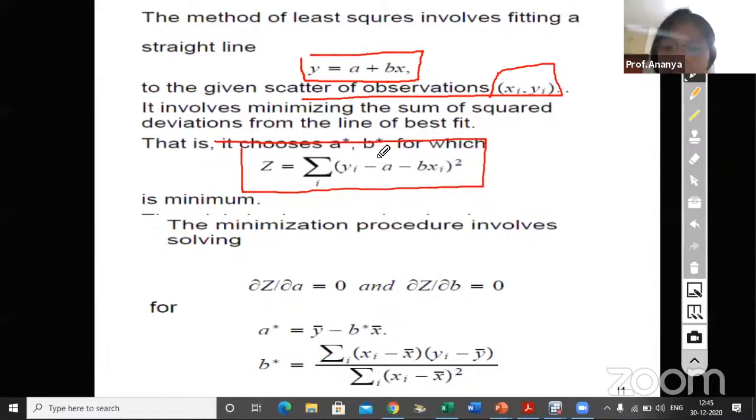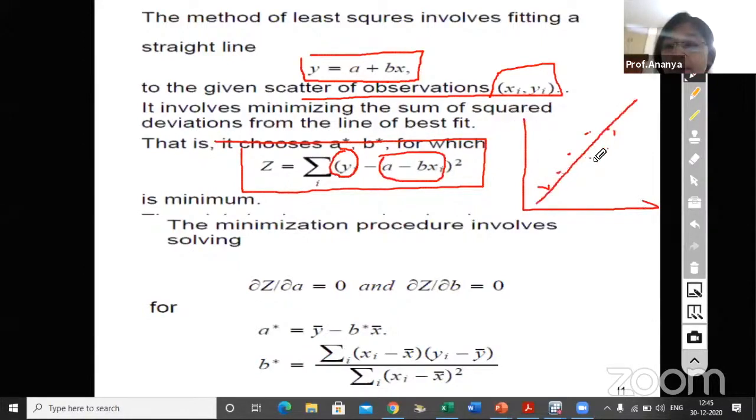Okay, so here you have the scatter, and let's say here you have your line. If you fix any particular x, suppose this is your y.